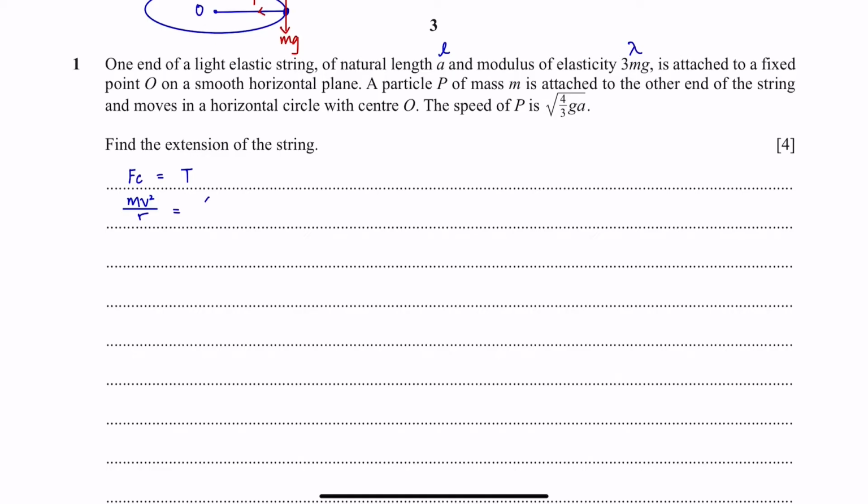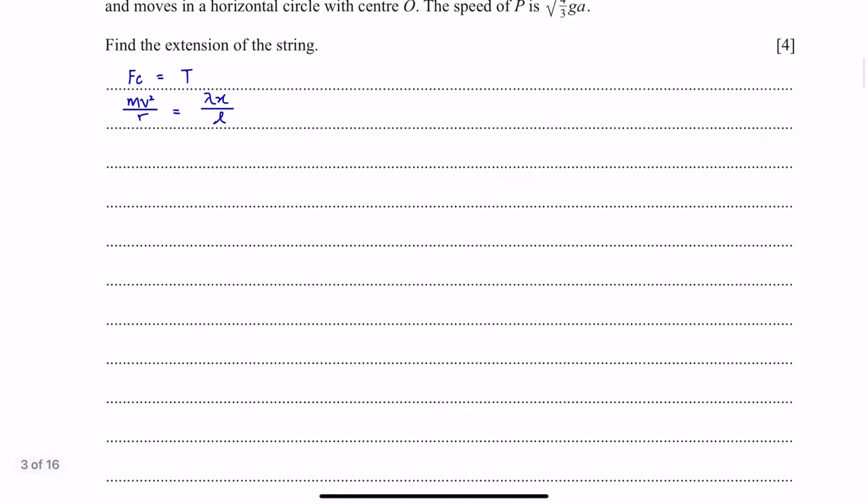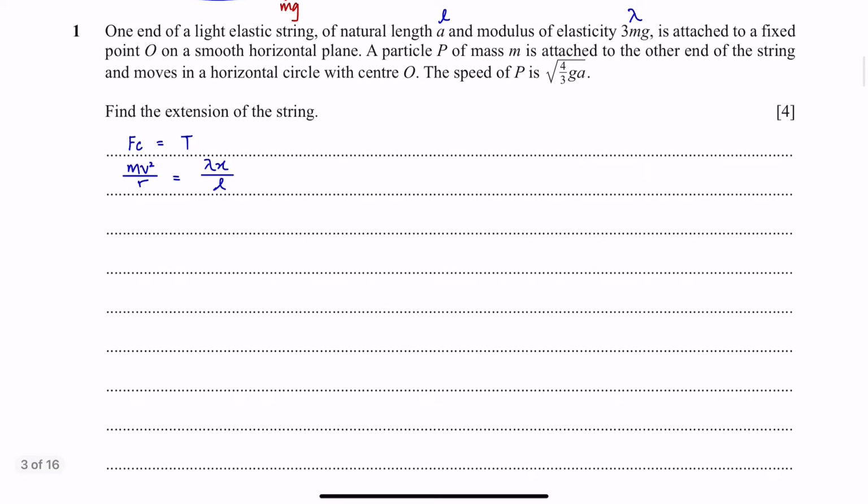And for the tension, we have lambda x over L, where x is the extension and L would be the natural length. So we can now sub in the data that we have. So m would remain as m.